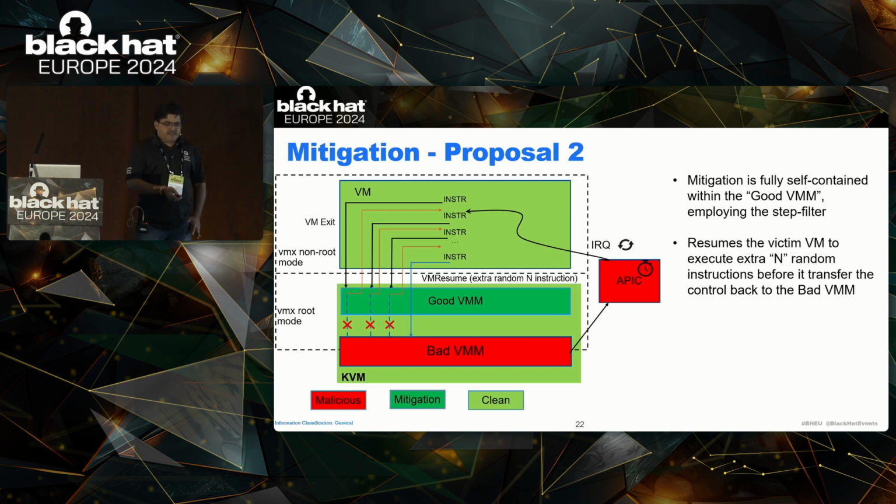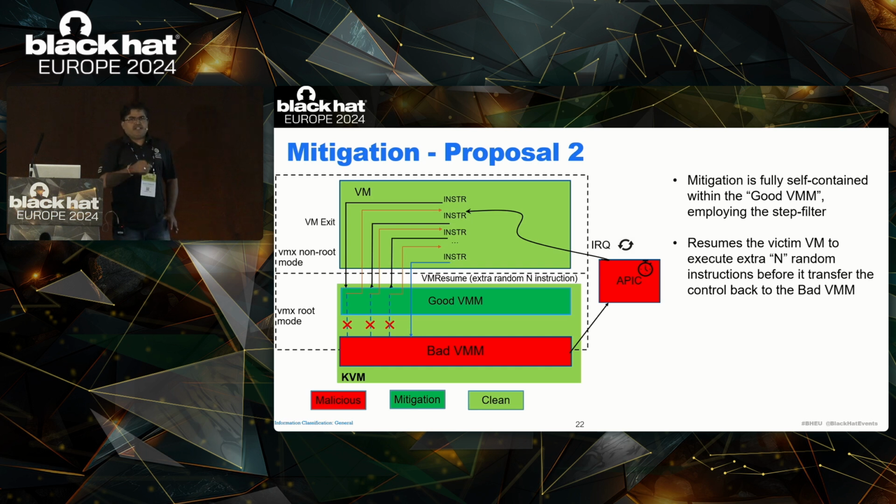And what happens in this model is, when the good VMM detects, it implements a step filter detection algorithm based on which it will detect that the VM is under attack. Instead of sending a notification to the TD or VM this time, it will implement a random VM resume instruction for X or N number of times so that the VM executes some random instructions, just like the previous one.